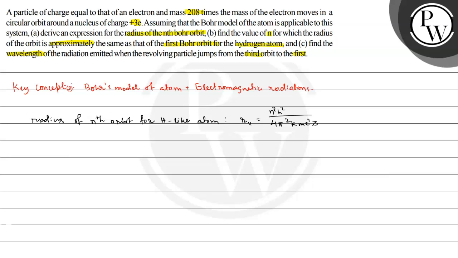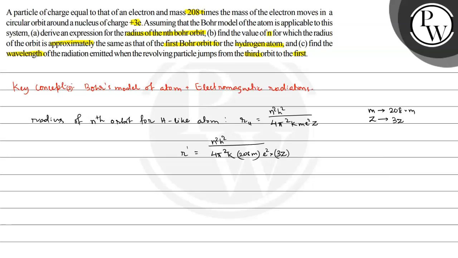But here what is happening, we are replacing m with 208 multiplied by m, and z with 3 into z, right? So r dash will be n square h square divided by 4 pi square k, in place of m we will put 208 m multiplied by e square multiplied by, in place of z we will put 3z.